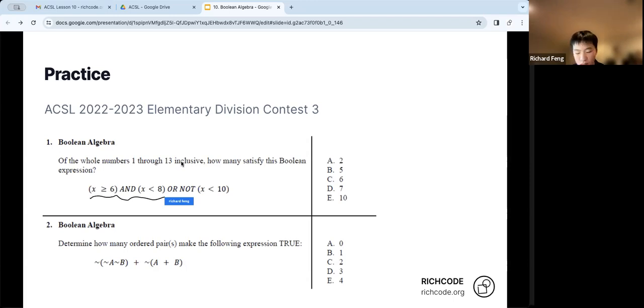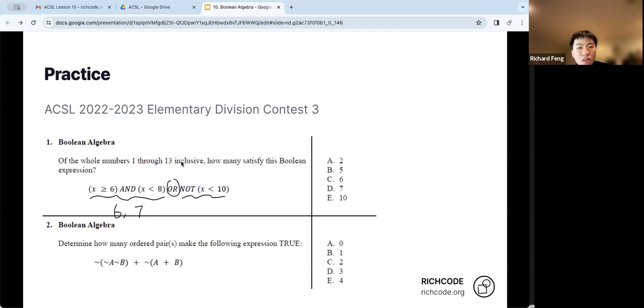Order of operations says to do not first, but let's just do this first part first because the or basically separates these two expressions. So on the left side, x has to be greater than or equal to 6 and less than 8. So the only two possible values would be 6 and 7.